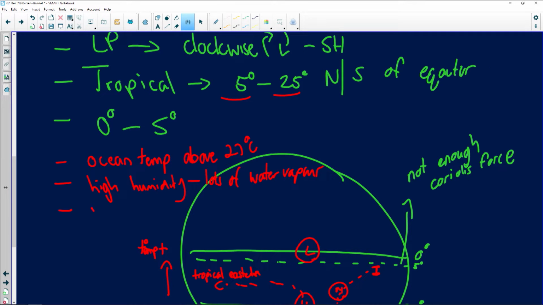Okay, warm conditions. And a friction-free surface. Okay, now, when do you think we experience this ocean temperatures above 27 degrees Celsius?